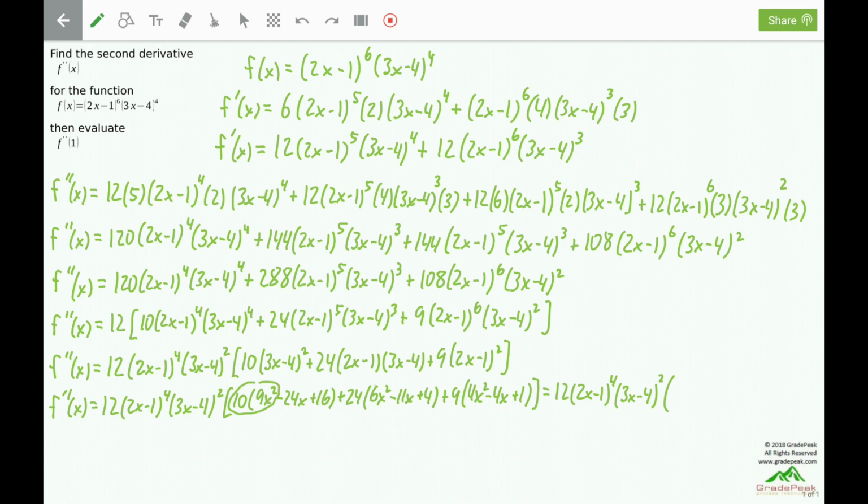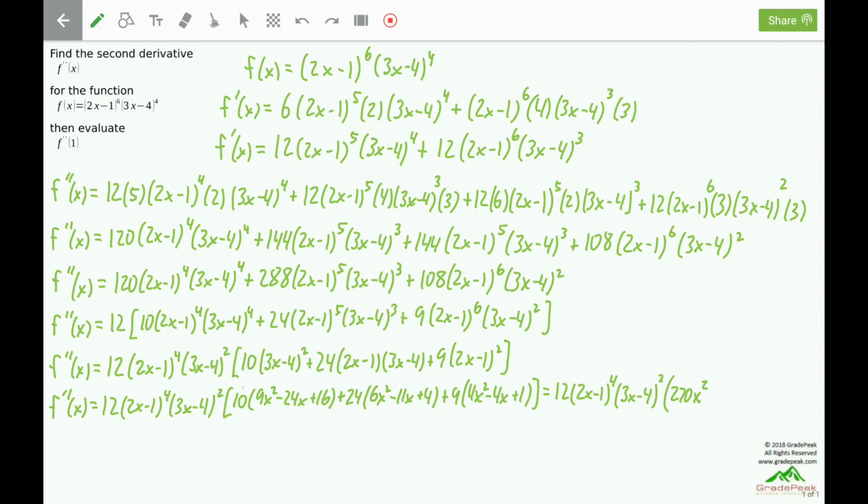We have the 10 times the 9, the 24 times the 6, and the 9 times the 4. 10 times 9 is 90. 24 times 6 is 144. And 9 times 4 is 36. Now 144 plus 36 is 180, plus the 90 will be 270. So we have a 270 x squared.